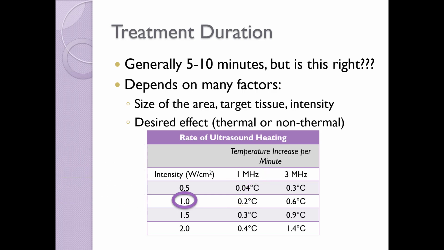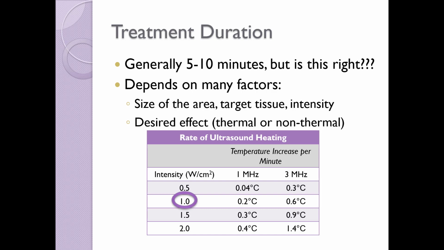If our goal was to use thermal ultrasound to increase tissue temperature by 3.0 or 4.0 degrees Celsius, which is considered a vigorous heating and might be used for increasing tissue extensibility, we could use this table again.